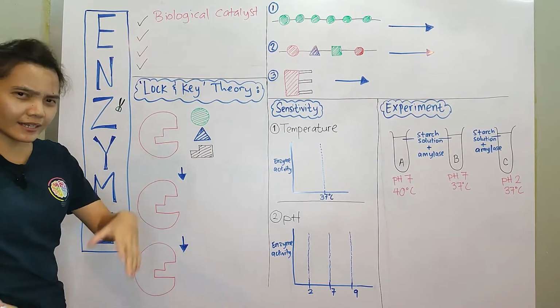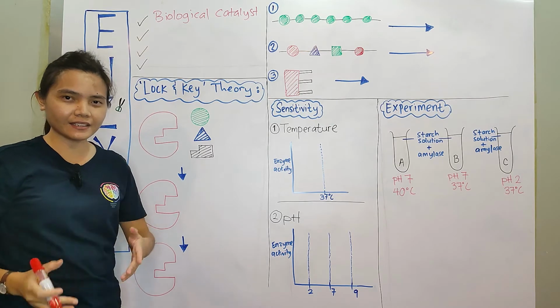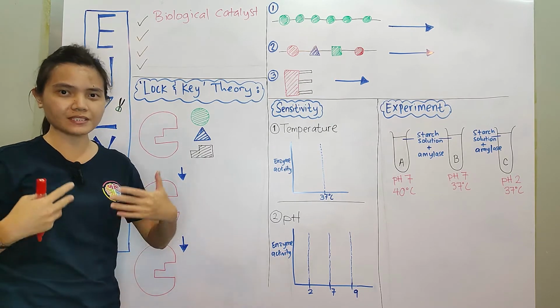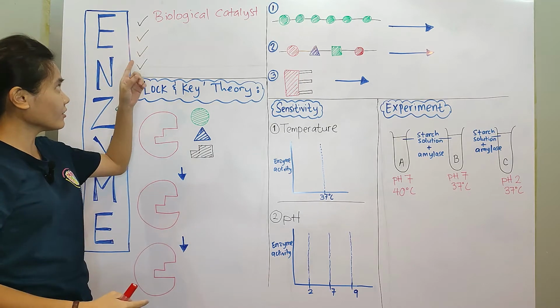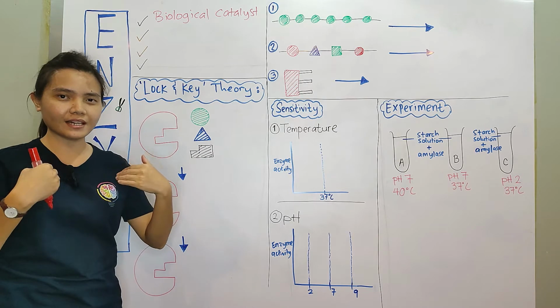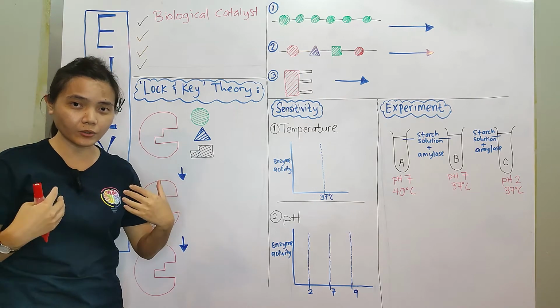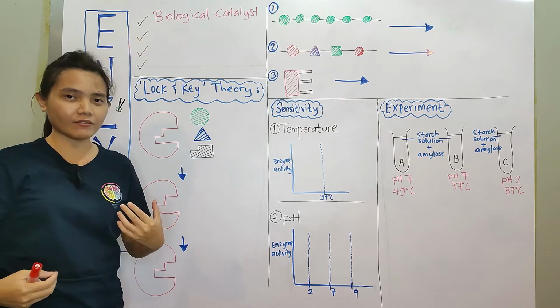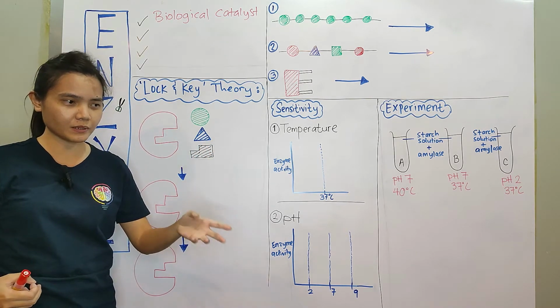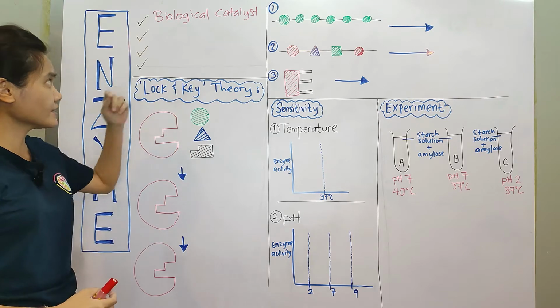Enzyme is a biological catalyst, and maybe you heard catalyst from chemistry. What is a catalyst? It speeds up a reaction. Biological here means that this catalyst can be found inside a living organism, not only human, but you can find enzymes also in plants, animals, and bacteria.